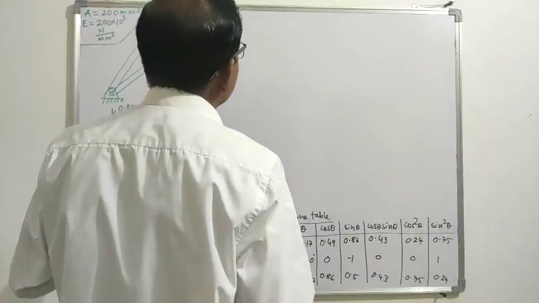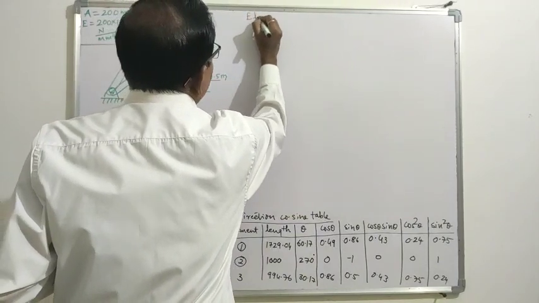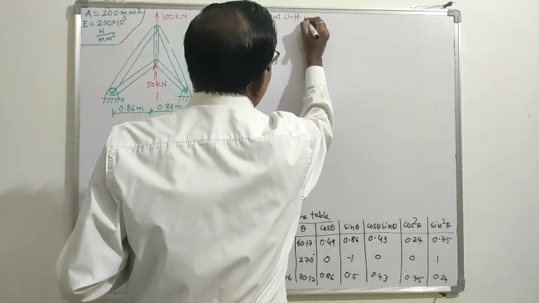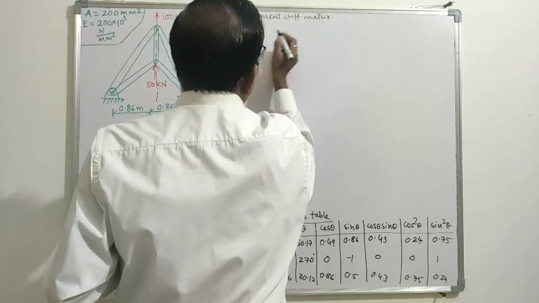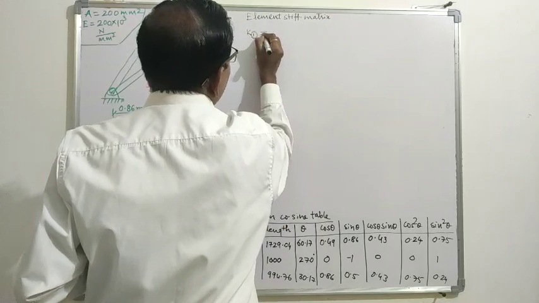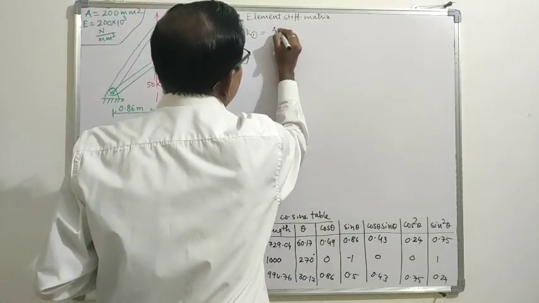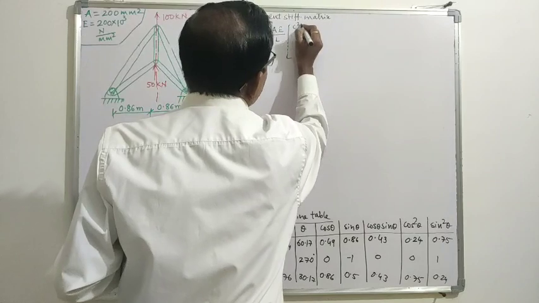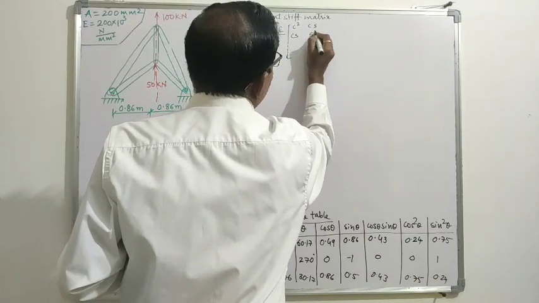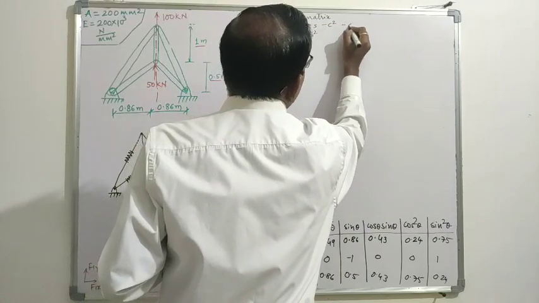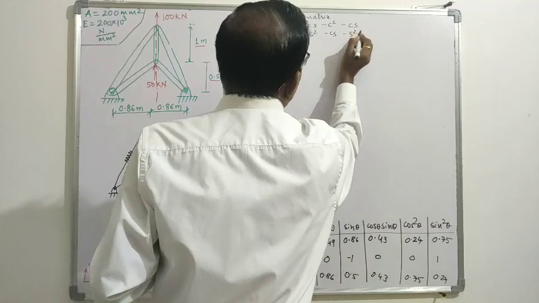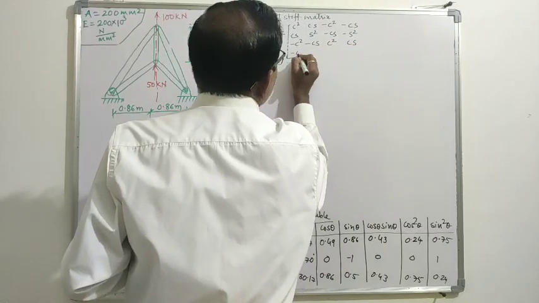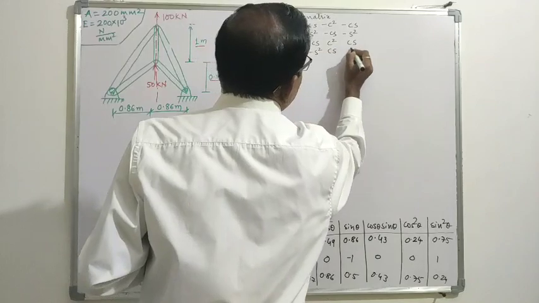So the element stiffness matrix for the first element is given by AE by L, times the matrix: C square, CS, minus C square, minus CS; CS, S square, minus CS, minus S square; minus C square, minus CS, C square, CS; minus CS, minus S square, CS, S square.